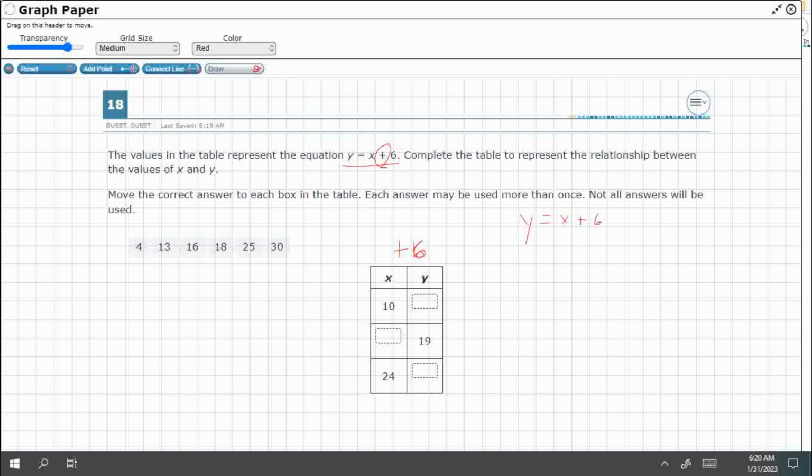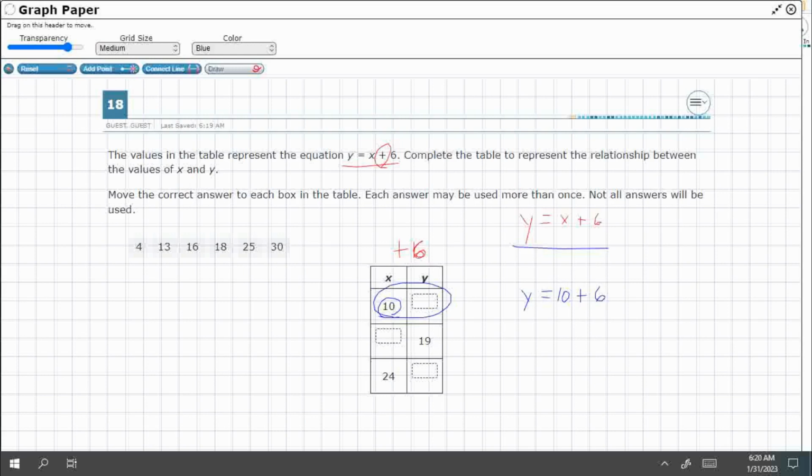So what we want to do here is plug in some missing numbers. I'll use a different color here. In this one, I'm missing y. So I'm going to leave my y as my y, but I do have my x. Look, my x is 10. So I'm going to replace my x with 10. I'm going to substitute it there because they're telling me that one of the possible values of x is 10.